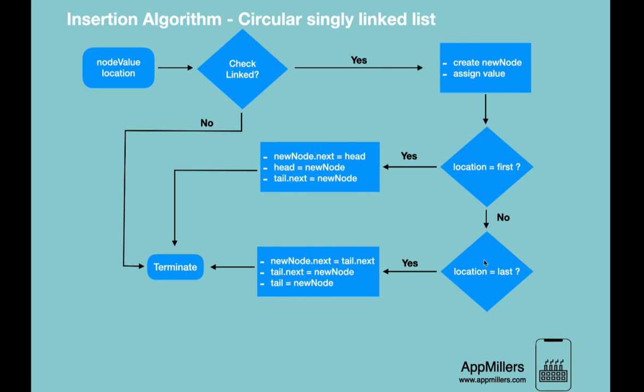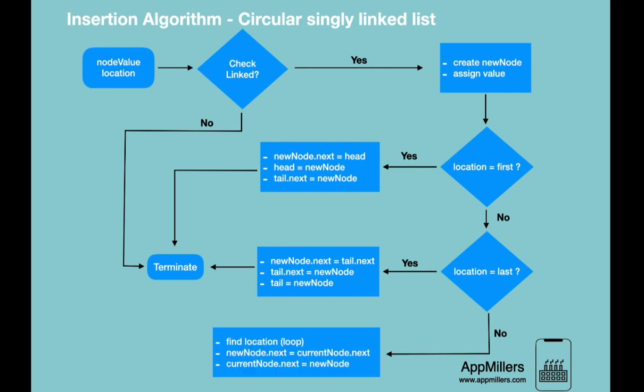Then we continue to the next condition, in which we check the location. If the location is not the first and it is not the last, then it means that we have to insert an element in the middle of the circular single linked list. In this case, we loop through the circular linked list and find the location where we want to insert a new element. Then we set the new node's next reference to the current node's next reference, because in this case the current node's next reference is the next node.